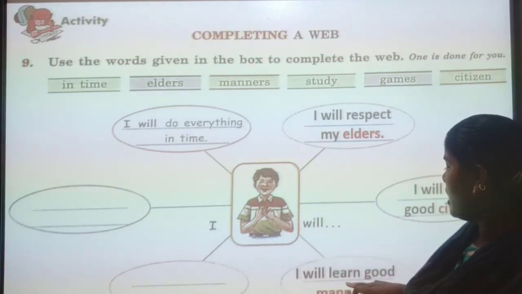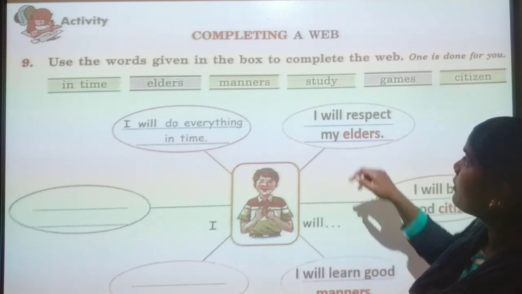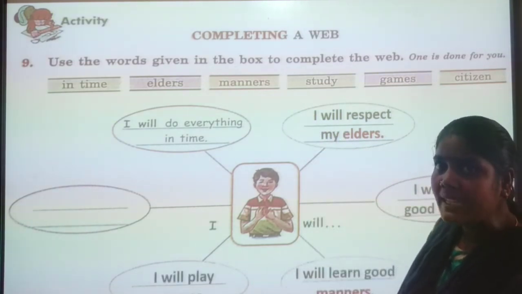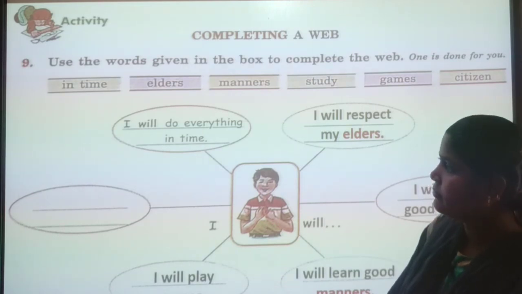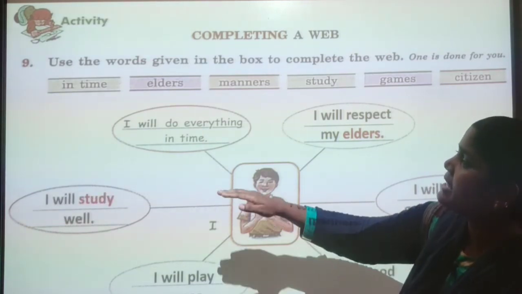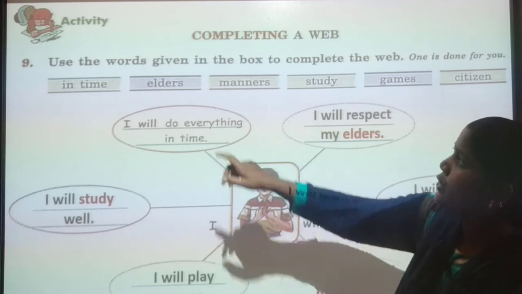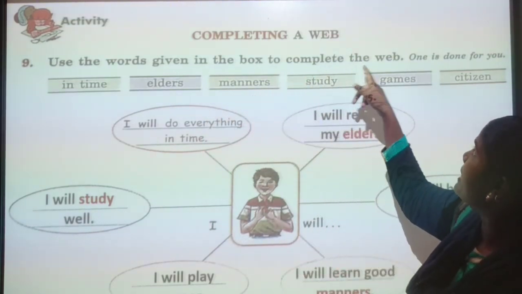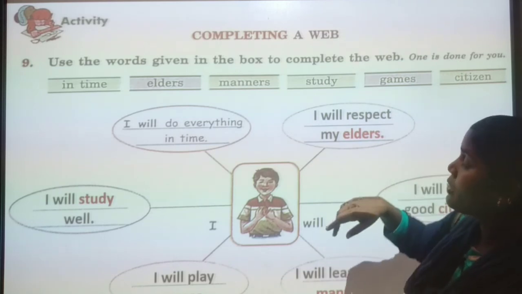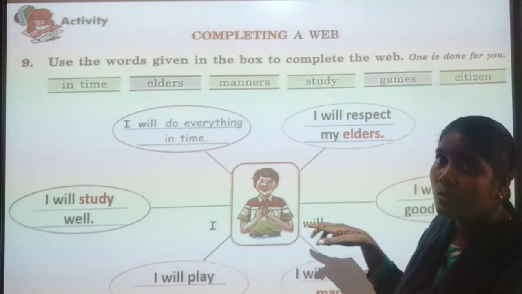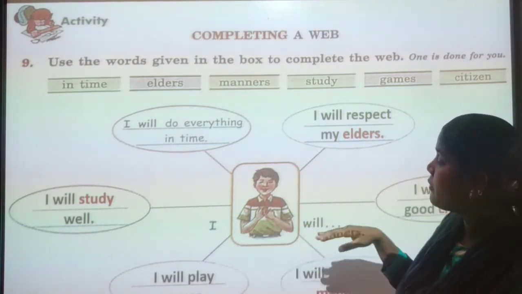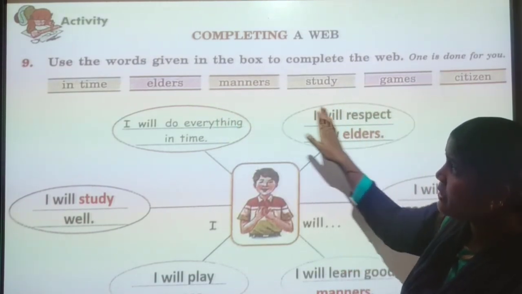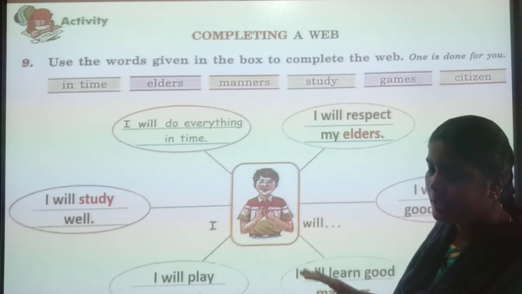I will learn good manners. I will play games. I will study well. So for this, we use I as a pronoun and will as an auxiliary verb, and with the help of these words we did this activity.